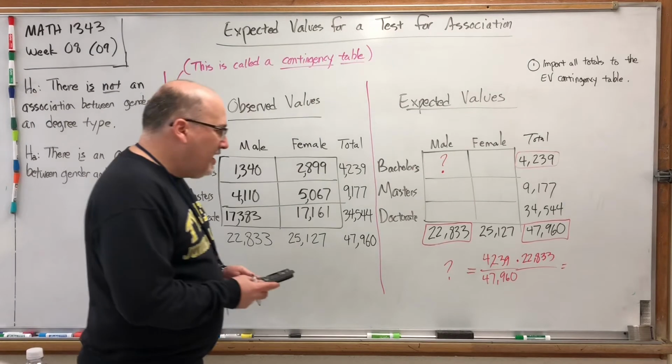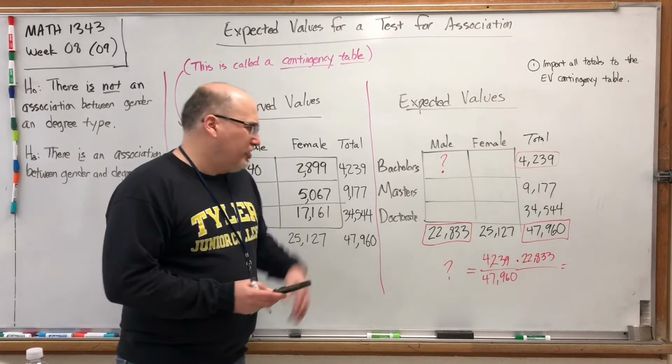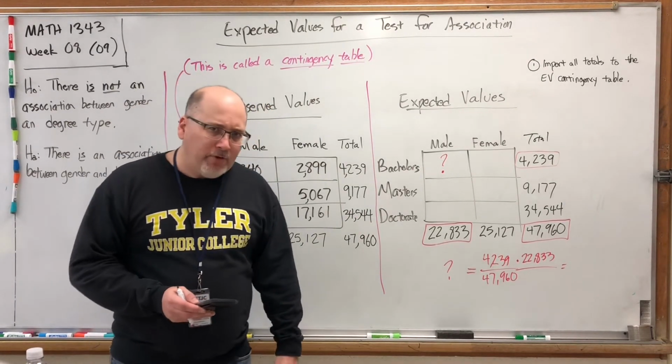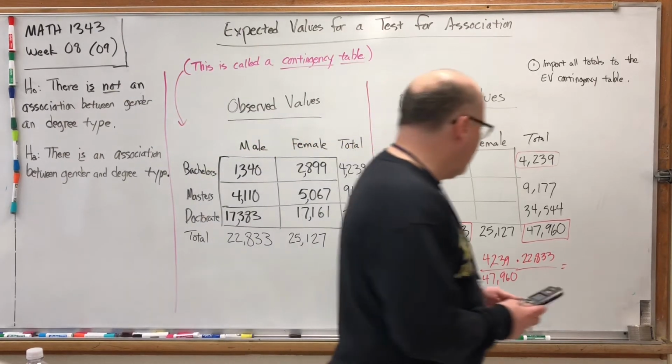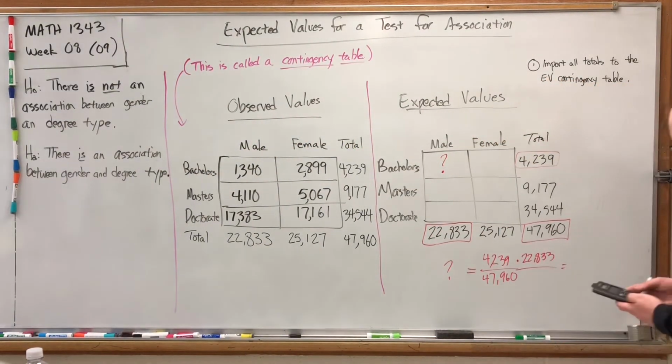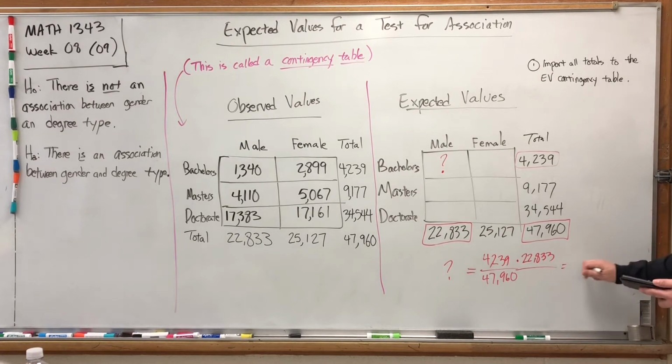Let's go ahead and figure that out, and then we'll write it down as a formula. And for the sake of not having too many digits in here, I'm just going to round to the nearest whole number. In general, I like 4 decimal places, but in a problem like this, that can get out of control. 4,239 times 22,833 divided by 47,960 equals, to the nearest whole number, about 2018.